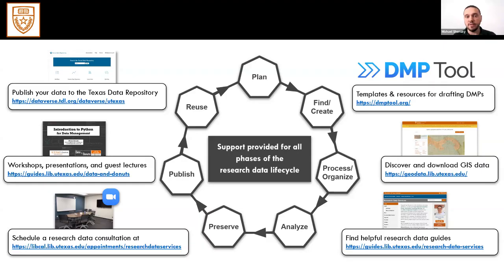And the great thing about this is you can select your particular funding agency, and in some cases, the particular program that you are applying for, and you will see the template that you're expected to use. And then once you start to fill out that template, there is specific guidance that tells you what is expected in these sections.